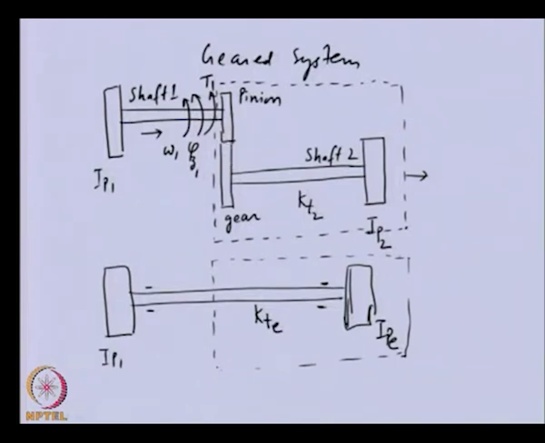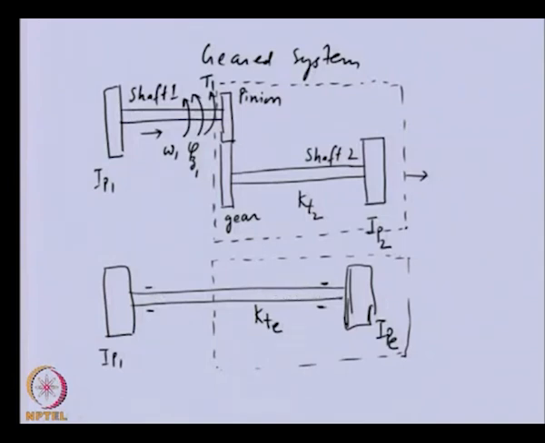Here our aim is to obtain this equivalent system in which we find the new polar moment of inertia of this flywheel and the new torsional stiffness of this shaft in the equivalent single shaft system.